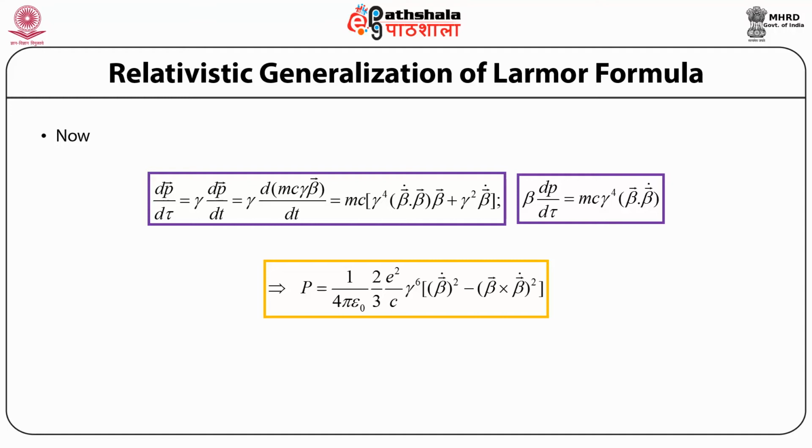So beta dp by d tau equals mc gamma raised to power 4 beta dot, and this implies that P equals 1 divided by 4 pi epsilon naught into 2 by 3 e square by c gamma raised to power 6 [beta dot square minus (beta cross beta dot) whole square]. This is also called the Larmor formula for power radiated by a non-relativistic accelerated point charge.